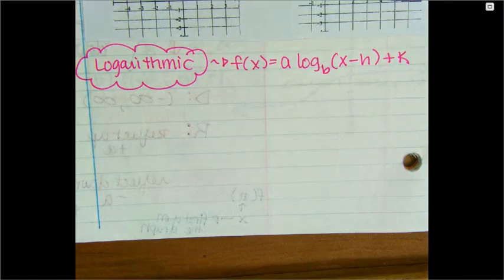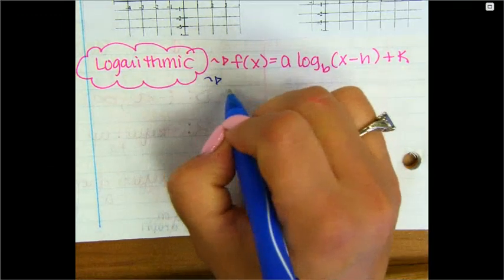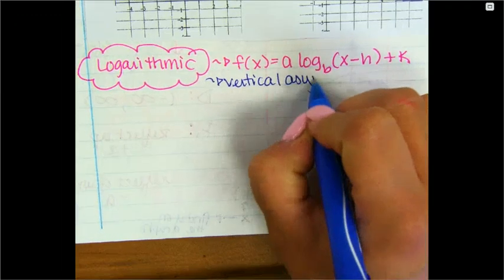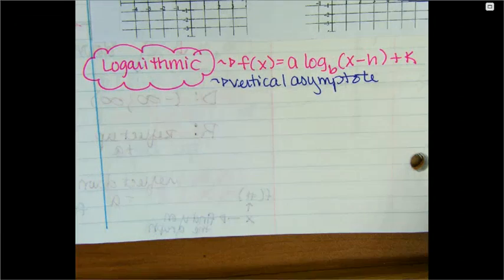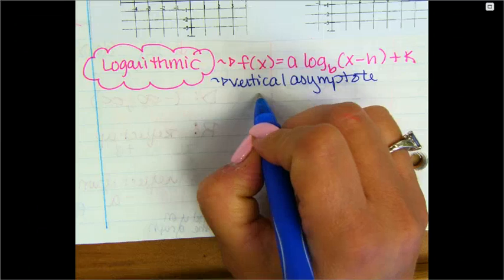Okay. The last one, exponentials had horizontal asymptotes. This one has a vertical asymptote. So if horizontal was y equals, vertical is what?